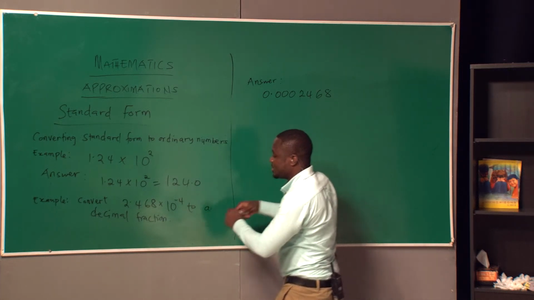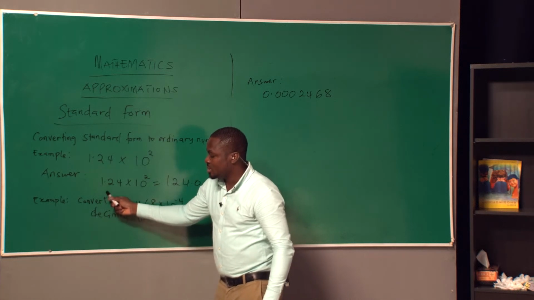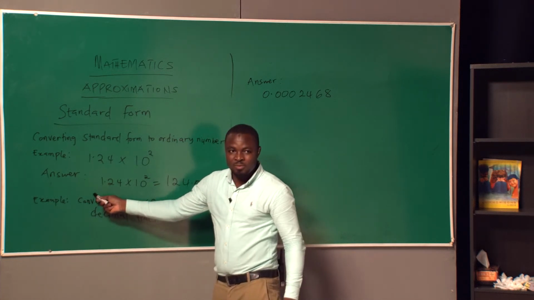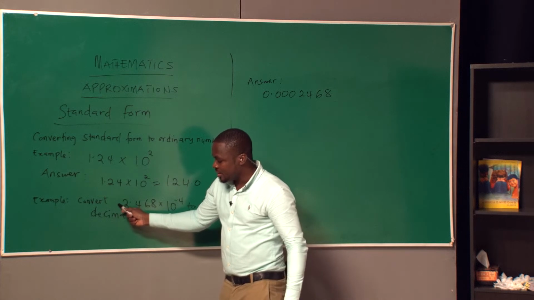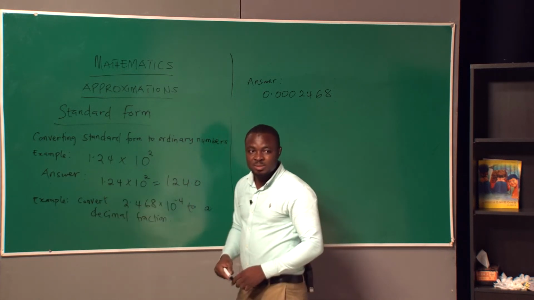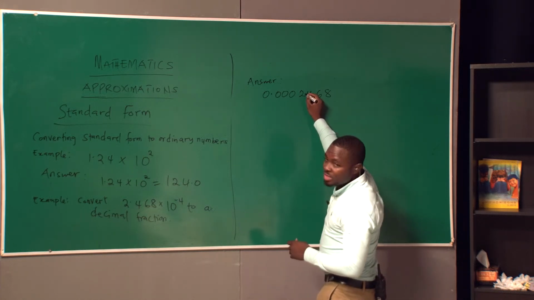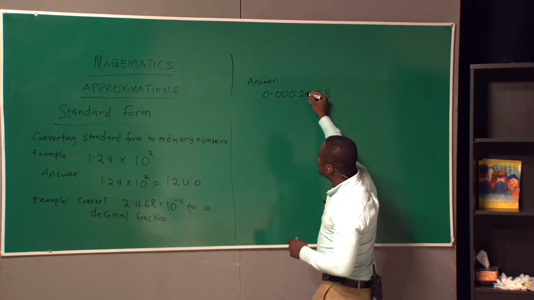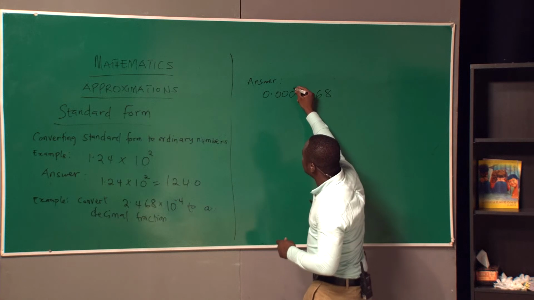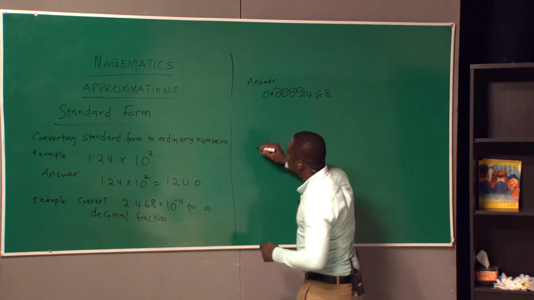So we are here. It is 1, 2, 3, 4. It means there's a 0 here, there's another 0, and there's a 0 before the point. Or, because you are moving from here 4 times, it's like this: 1, 2, 3, 4. So the point should be here.